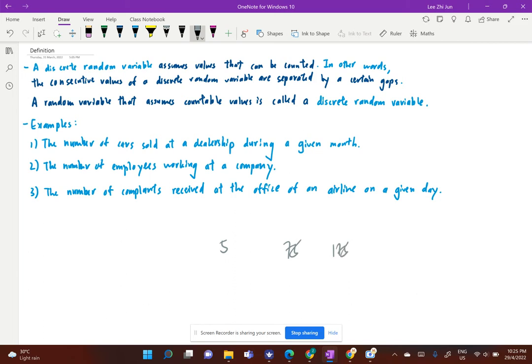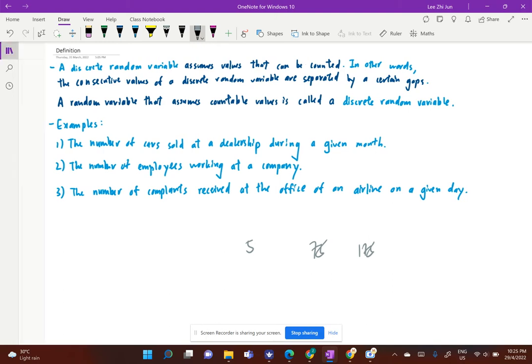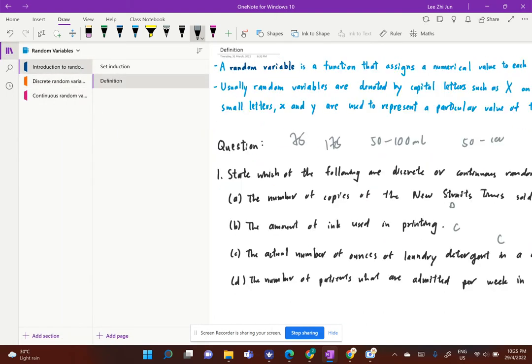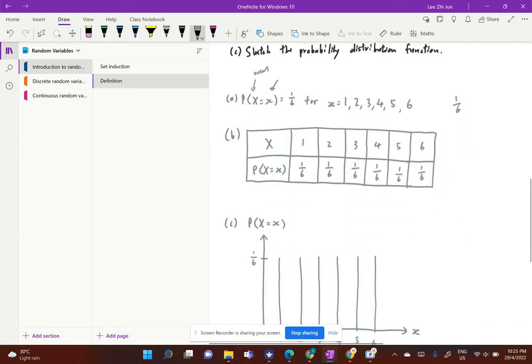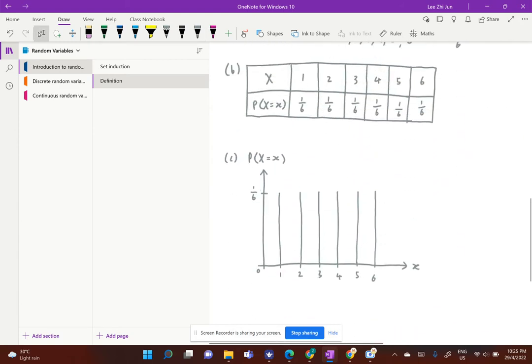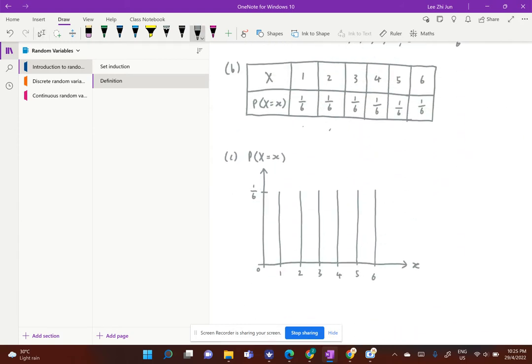So in other words, the consecutive values of a discrete random variable are separated by certain gaps. A random variable that assumes countable values is called a discrete random variable. Like just now, this random variable is considered a discrete random variable because there is a certain gap.